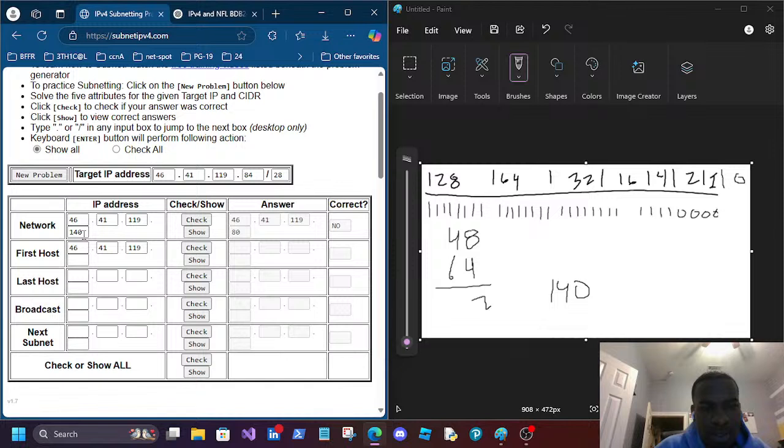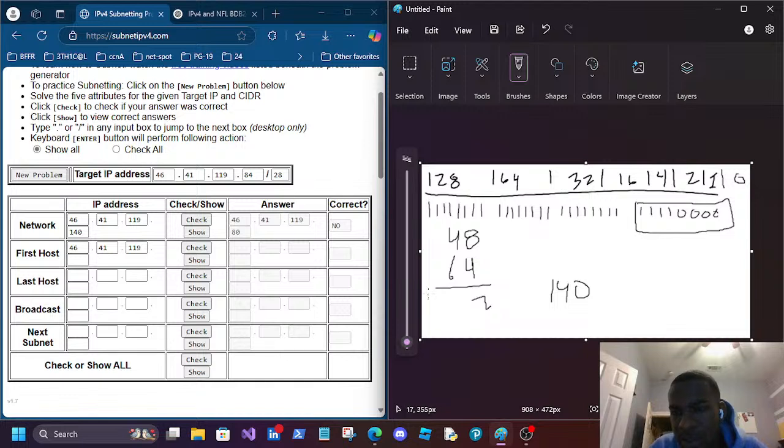So I had the network part right. I knew that it was these 3 bits because of the ones. But this point right here be throwing me off. I gotta learn how to calculate that right. I'm thinking I'm just gonna be using this up here. That's not the case. Oh, first host, not.